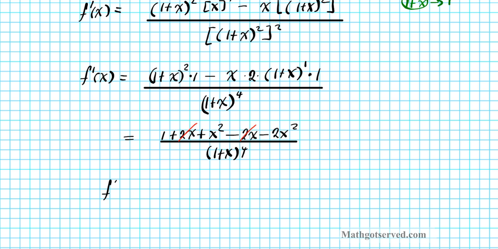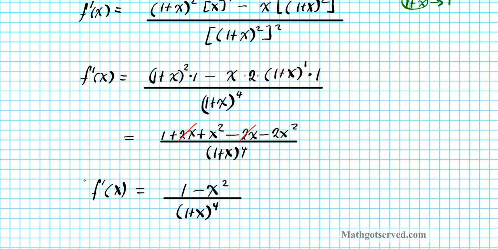So now f prime of x is equal to 1 plus x squared minus 2x squared, which is 1 minus x squared, and we have that divided by 1 plus x to the fourth.